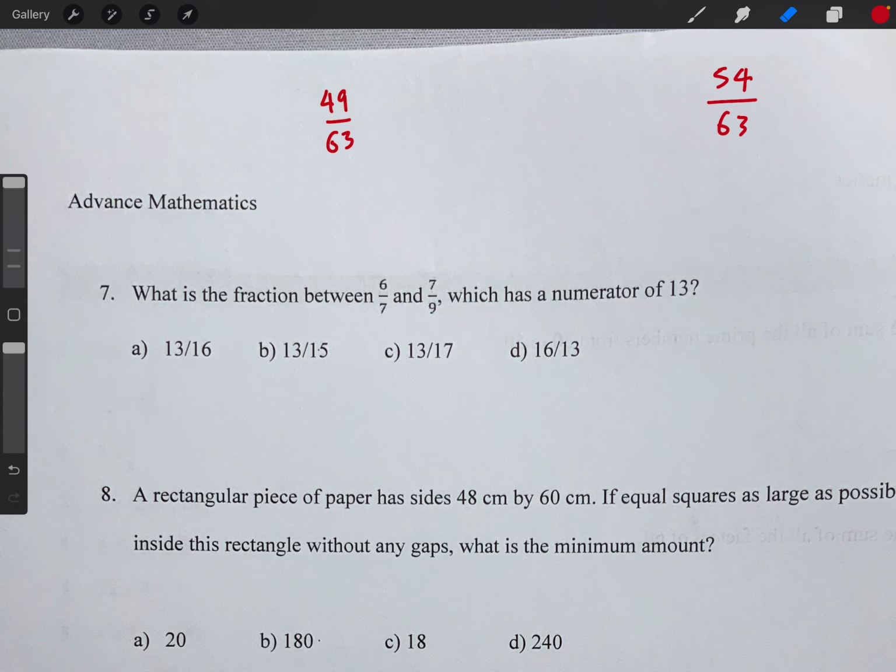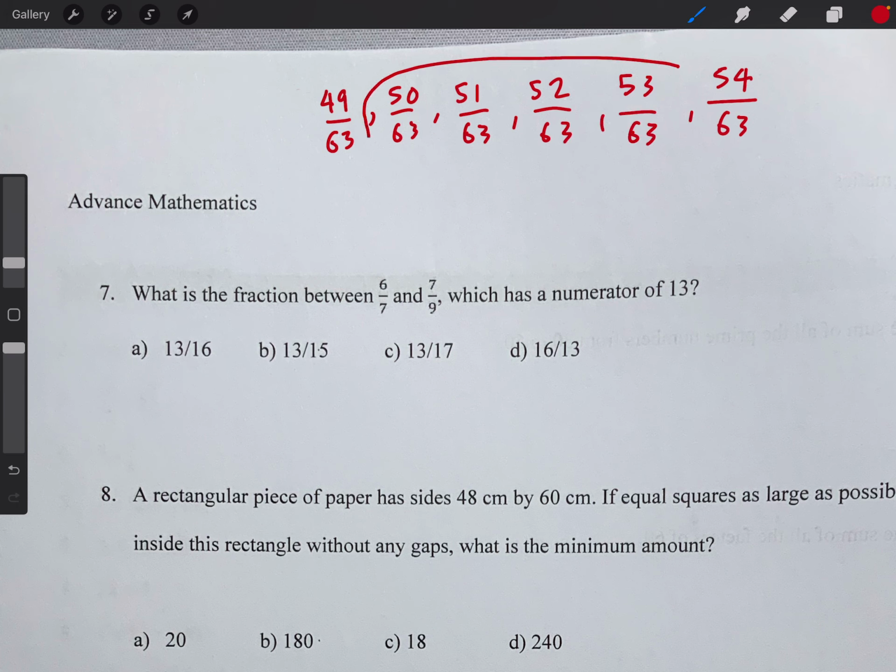What whole number can we go between there? Well, we can say 50 over 63, 51, 52, 53. Okay, so these are the only numbers that can go in between those two. Now, if you want the top number to be 13, that means we have to simplify it, divide it by something to get 13.